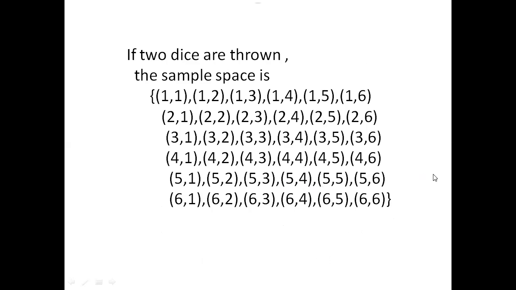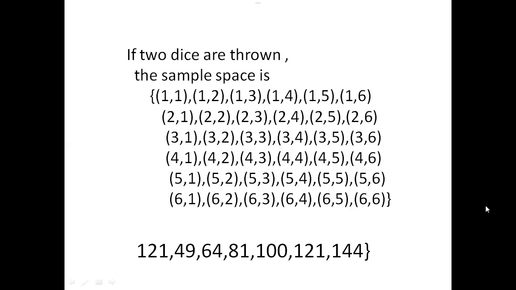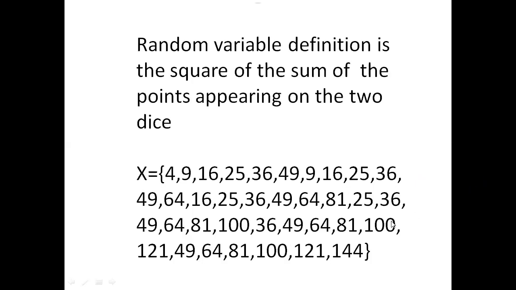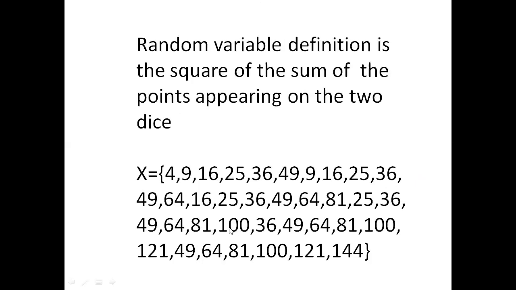The sum is 9. Square of 9 is 81. 5, 5. The sum is 10. Square of 10 is 100. 5, 6. The sum is 11. Square of 11 is 121.